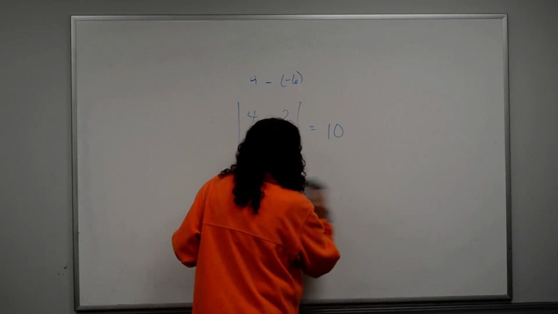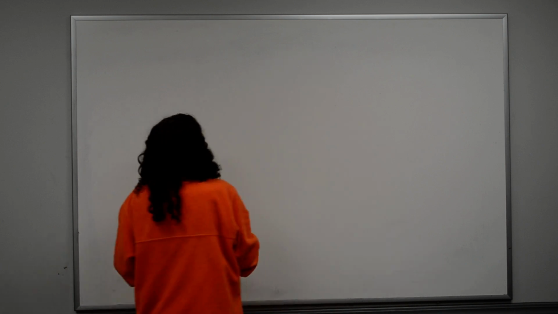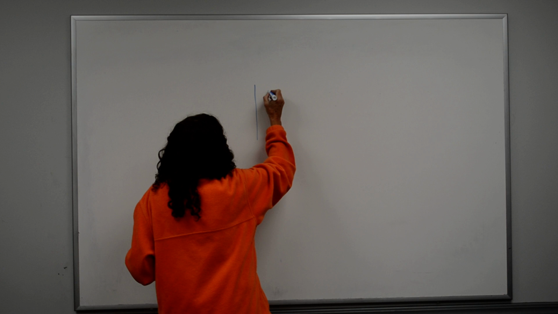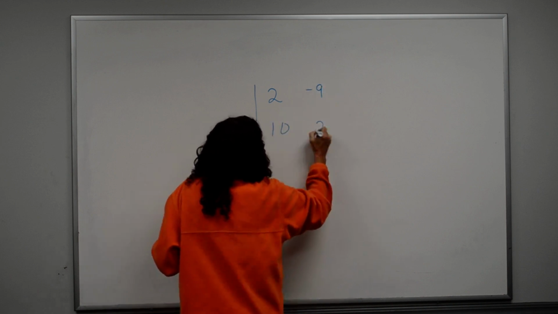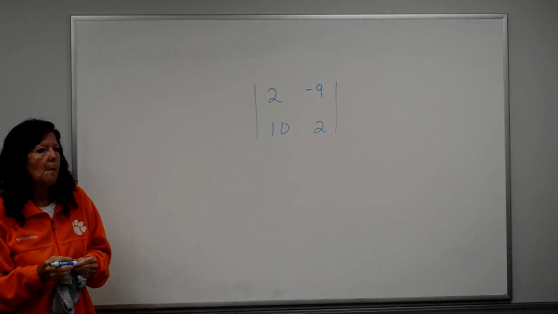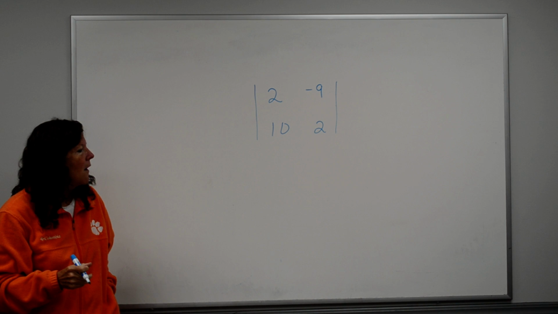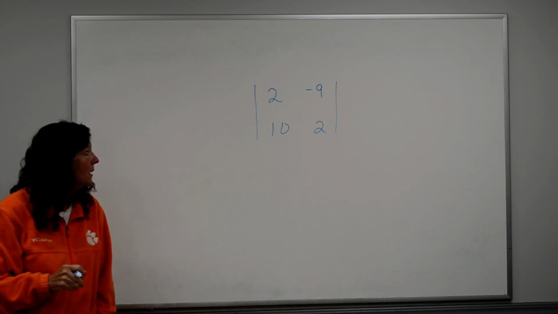Let me give you one more and then we'll go on to third order. Third order you might remember better than the second order. Find the determinant of that. Wait, no, this is still a second order. You do it the same way, okay?